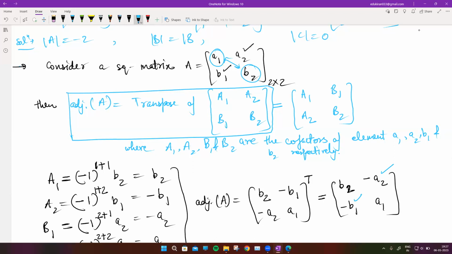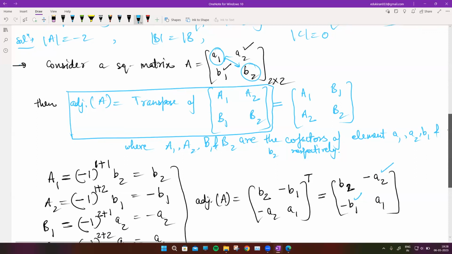Just interchange the diagonal elements and multiply the non-diagonal elements by -1. This is the simple shortcut for finding the adjoint of a 2 cross 2 matrix.